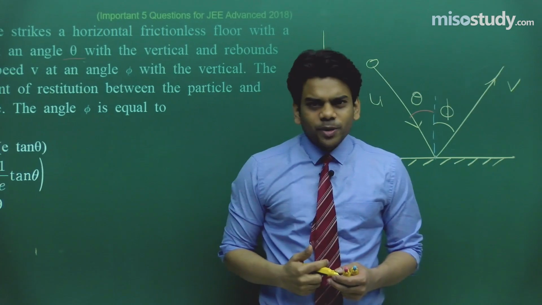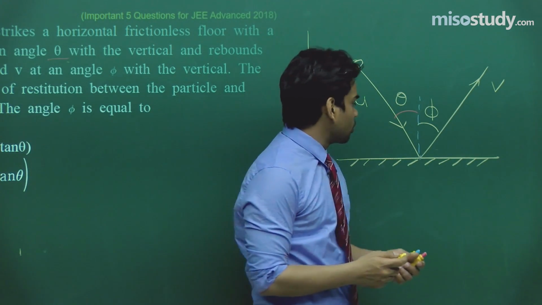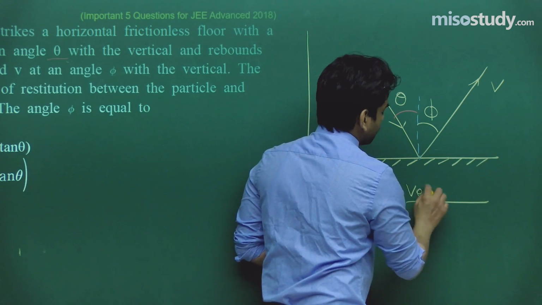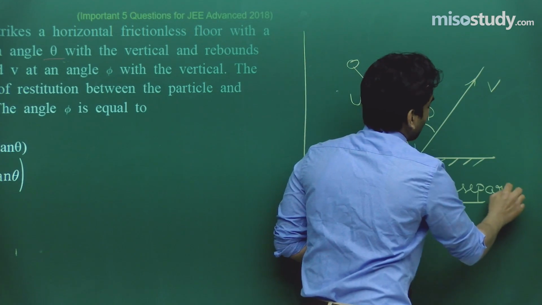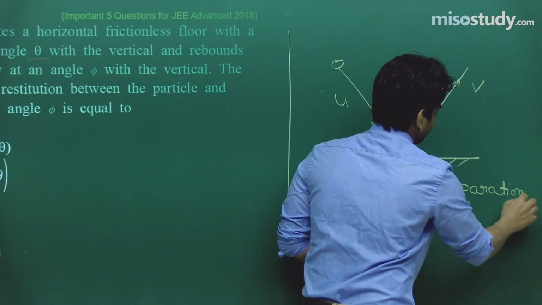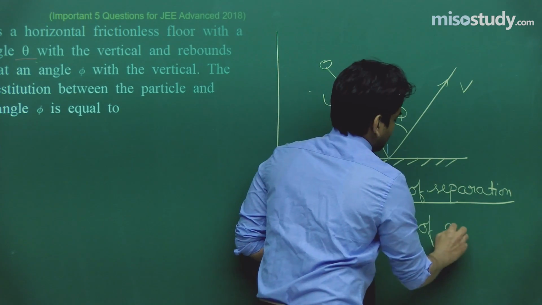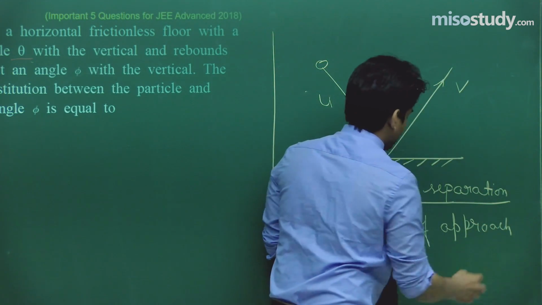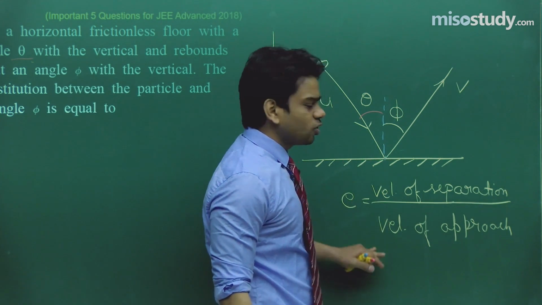I believe that you will be remembering about the coefficient of restitution. You must be remembering, that is equal to velocity of separation divided by velocity of approach. Quite clear to us. We know that this is the formula for E. From here now, see velocity of separation, velocity of approach.